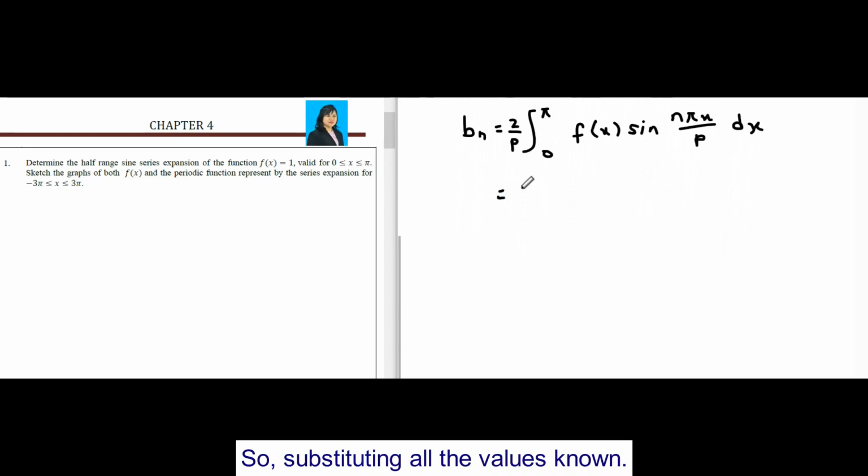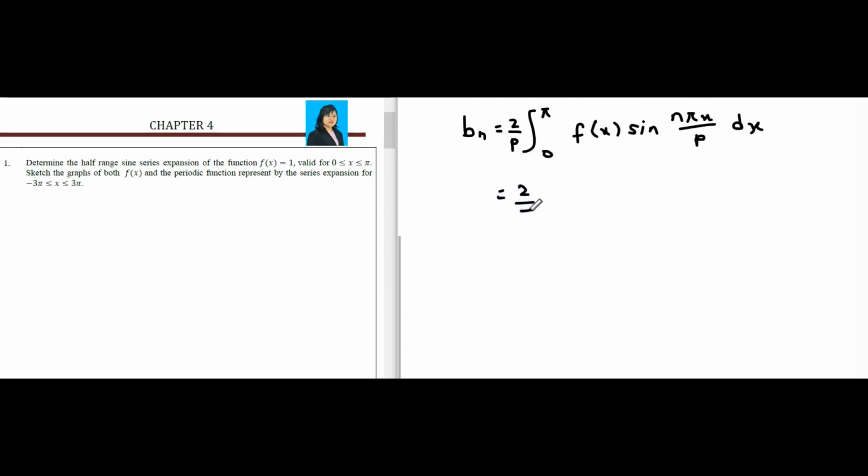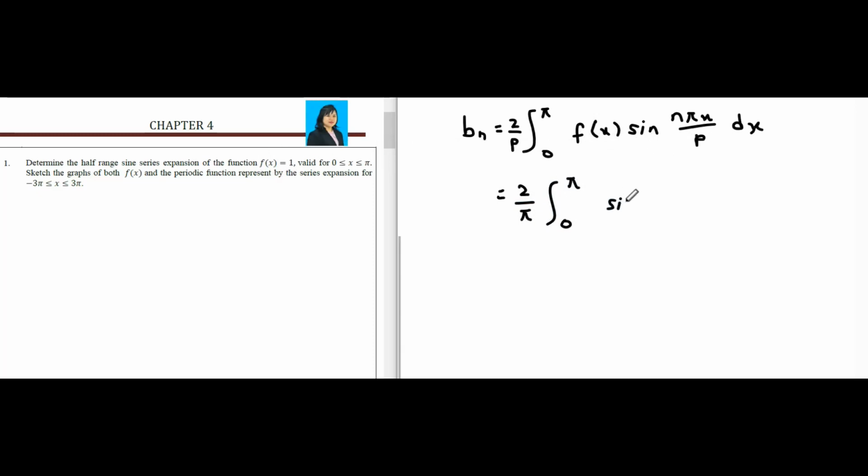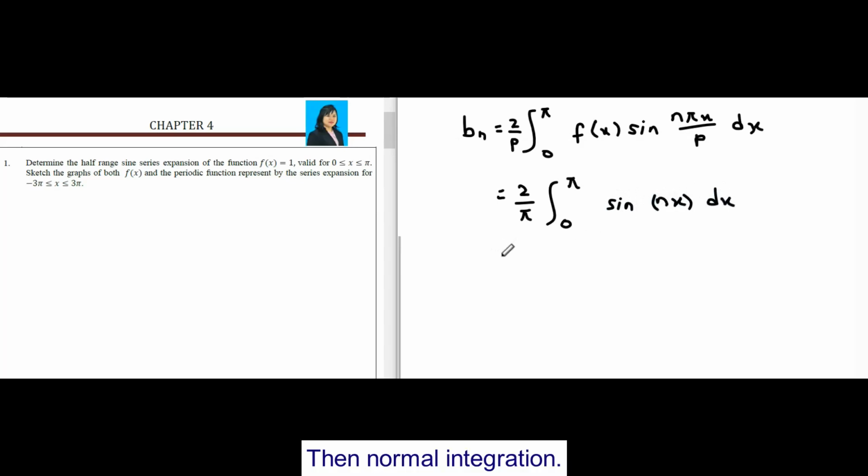So substituting all the values known, f(x) given by the question equals 1, so 1 of sine nx. Then normal integration.